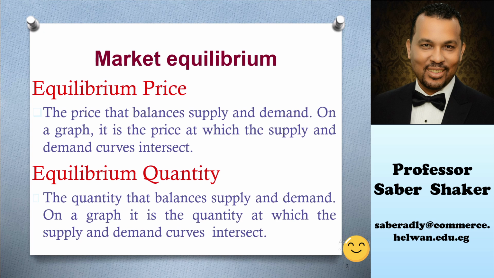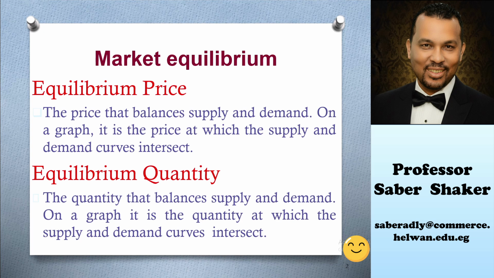So, market equilibrium is when quantity demanded equals quantity supplied. For example, suppose quantity demanded equals 10 and quantity supplied equals 10, so this is market equilibrium. 10 units, in this case, is the equilibrium quantity. What about the price that creates this equilibrium?